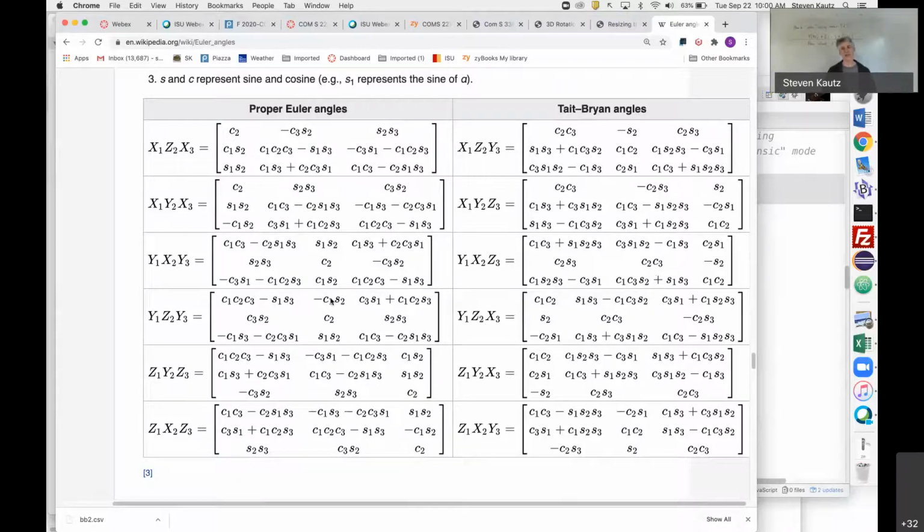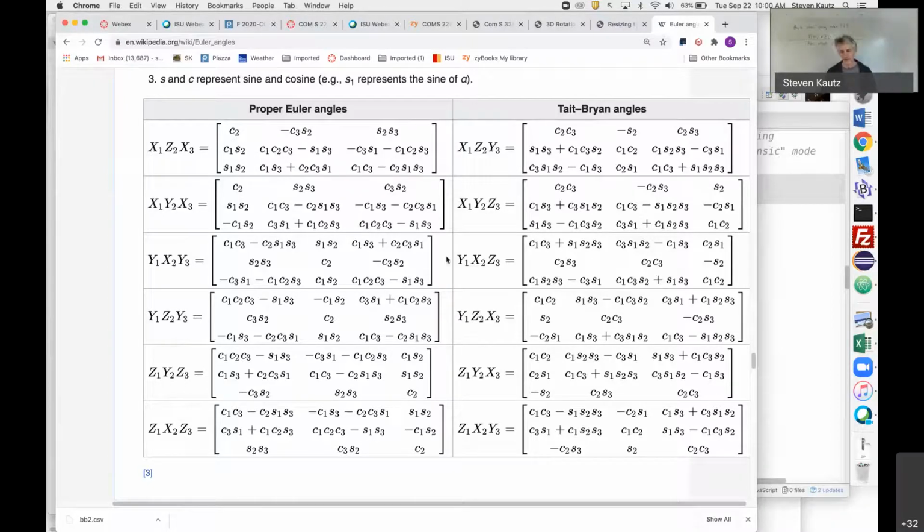The first number in that column is the negative of the cosine of the first angle times the sine of the second angle. But you already know the second angle, so you can solve for the first angle. And so if you're willing to do a bunch of this kind of ridiculous work, you can analytically determine what the rotation angles are for any combination of three axes.